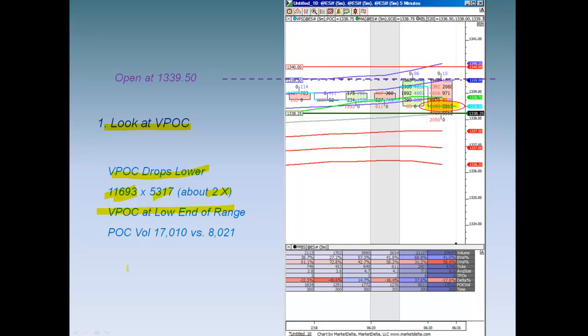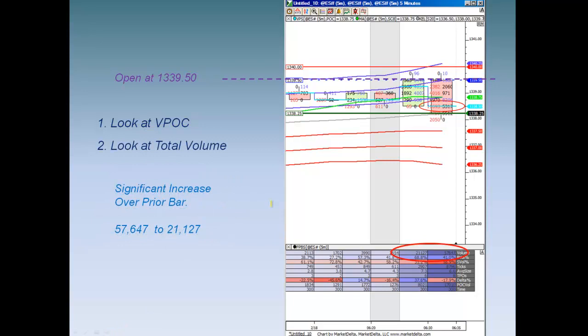Now let's take a look at the POC volume from our bar statistics, right at the total volume, 17,000 to 8,000. So that's almost double the volume that has taken place between the two prior bars. All these are very bearish indications from the volume point of control.